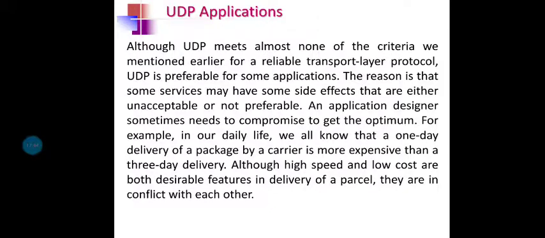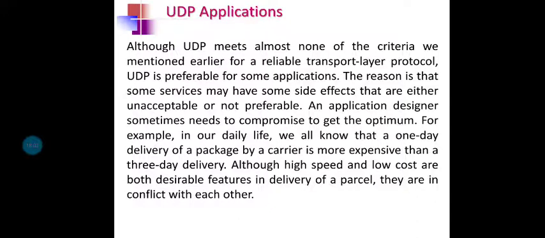Similarly, consider flow control. Basically, there is no flow control in the UDP protocol. There is no window mechanism. We discussed in the previous lectures that if you use a window mechanism, then we can have control over the sender.